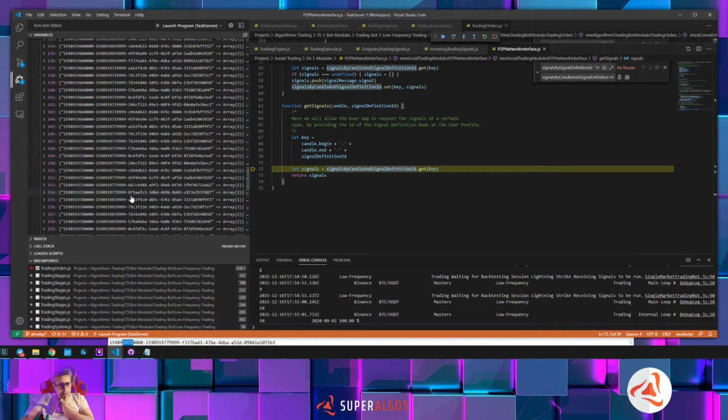I don't see that ID. F33. There is no F33.